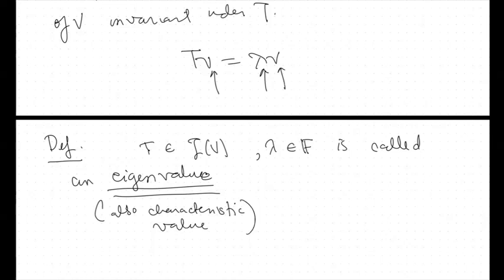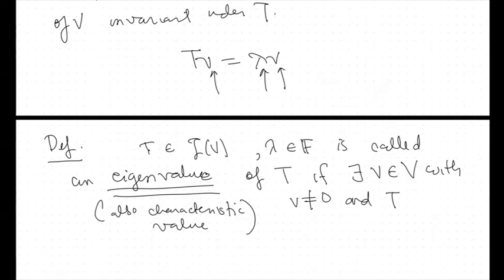Eigen here means own value; value here is just the value in English, and eigen is a German word. This is the eigenvalue of the operator T if there exists a vector V in V with V not equal to 0 and the operator applied to V is equal to lambda V.